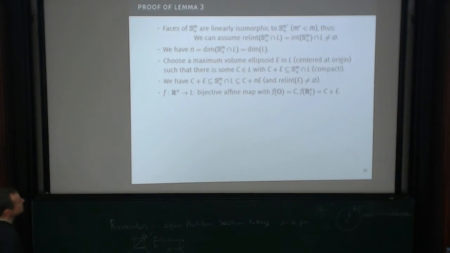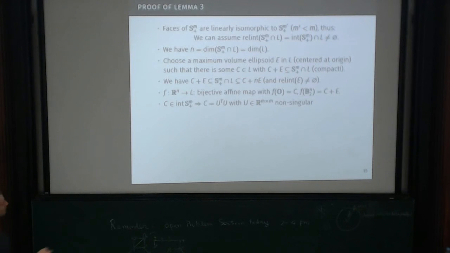Now we establish an affine isomorphism between R^n and this L-dimensional affine subspace in such a way that 0 goes to the center C of the ellipsoid, and the unit ball in R^n goes to the ellipsoid E shifted from the origin to the center.